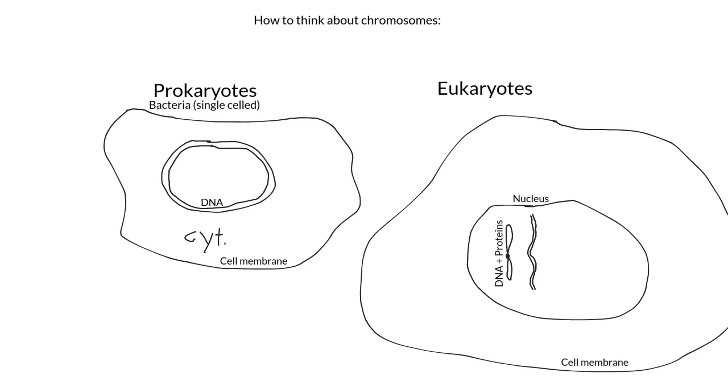And there are other organelles in eukaryotes, of course. Oftentimes, you'll find things like a mitochondria. So down here, we had our nucleus. Here is our mitochondria. And some of these organelles, like mitochondria, are thought to be the evolutionary legacy of an engulfed bacterium billions of years ago.